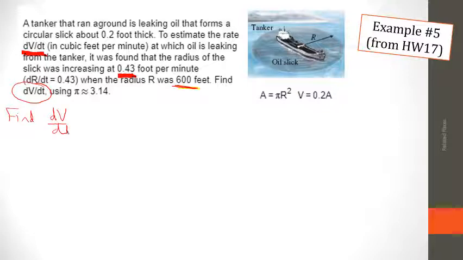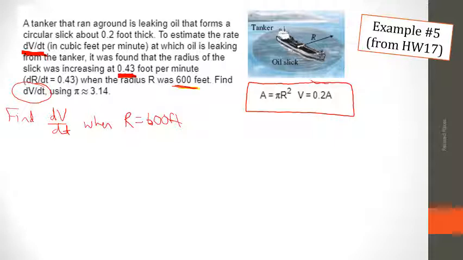Okay, so we need to find dV/dt when r is 600 feet. So the rate at which the volume is changing when the radius of the leaking oil is 600 feet. Okay, note these formulas that they gave us.